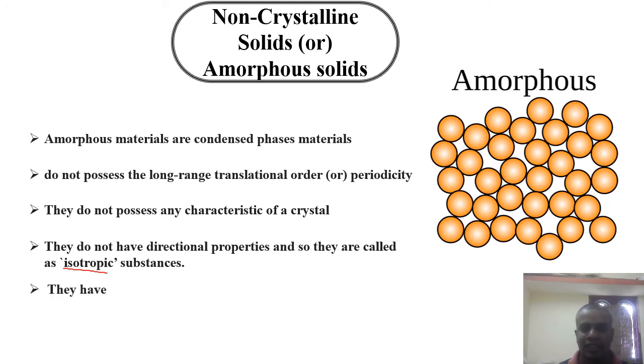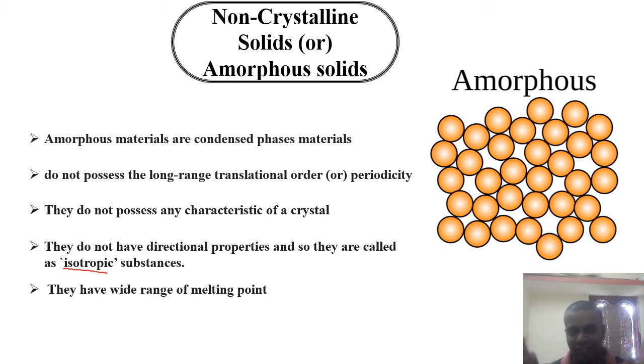Then they have a wide range of melting point. If you melt an amorphous solid, you can't say exactly this is the melting point. We just said that in a crystalline solid, gold has a melting point around 1060 degrees Celsius. We can't say the amorphous solid has exactly that melting point.